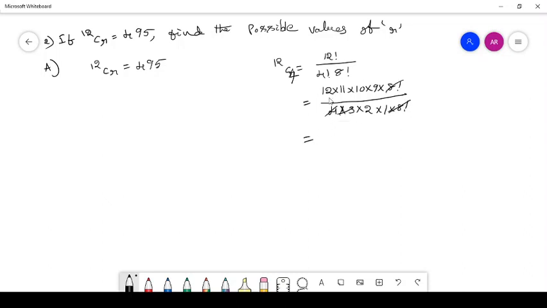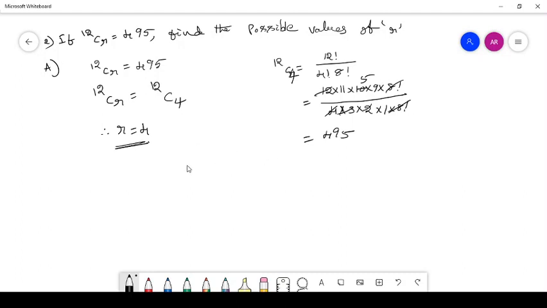Next, 4 3s are 12, 2 5s are 10. So 11 into 5 into 9 is 495. So 12Cr is equal to 12C4. Comparing these two values, we get the value of r is 4. Therefore, r is equal to 4. Or, we know that the result nCr is equal to nC(n minus r).